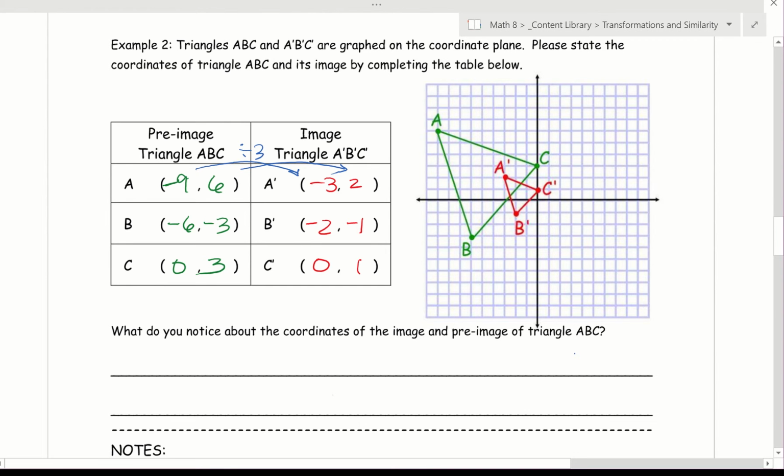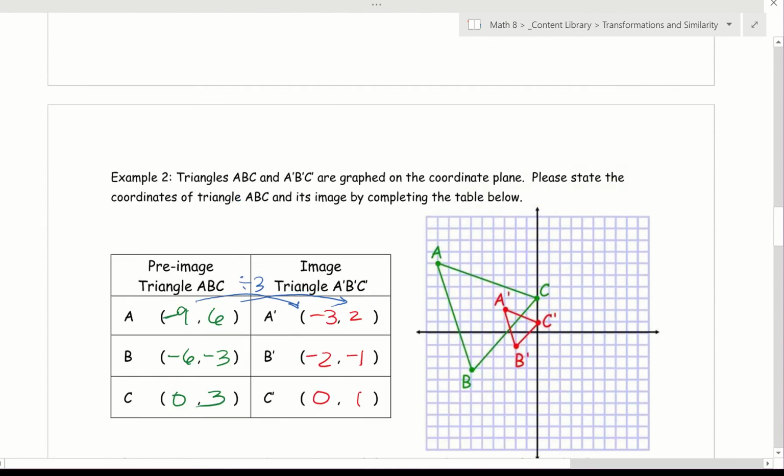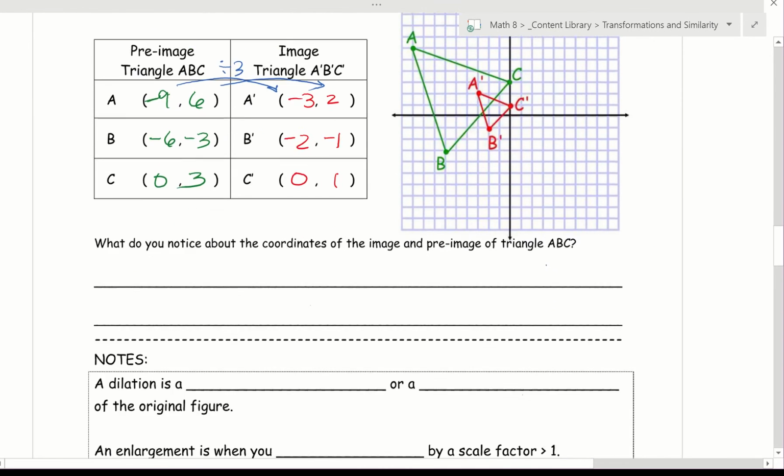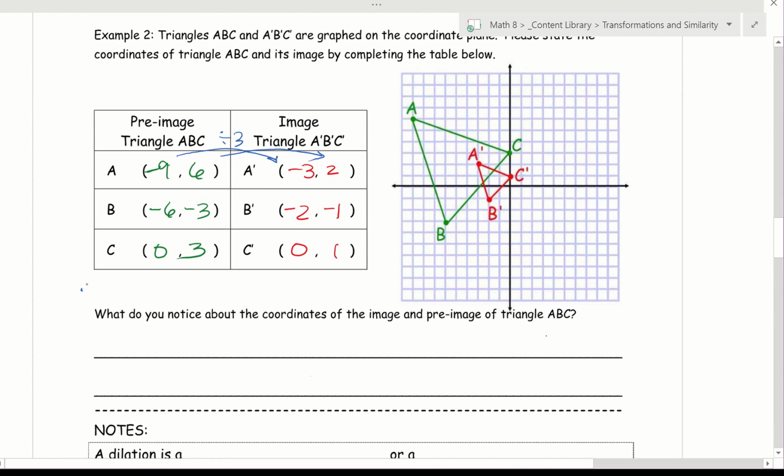But what's another way to say that? Because before we used multiplication, right? So dividing by 3 is multiplying by how much?